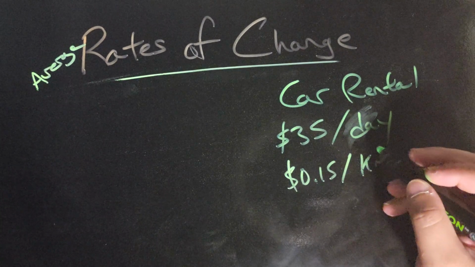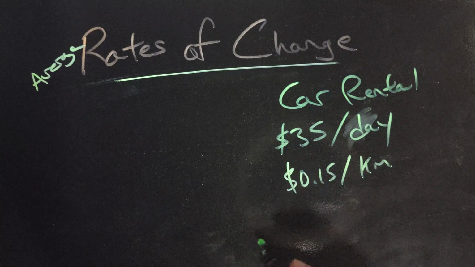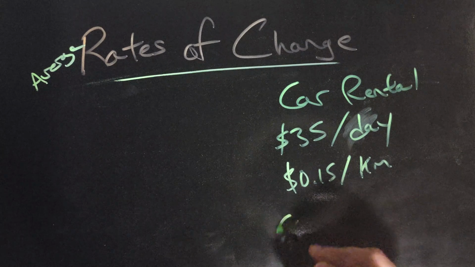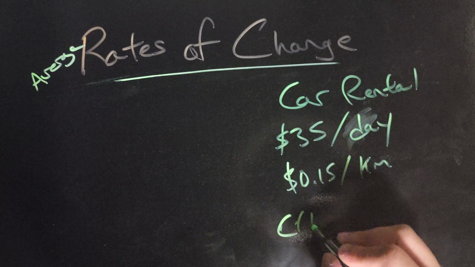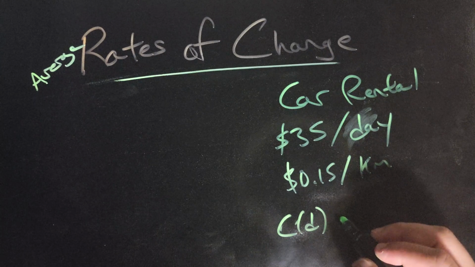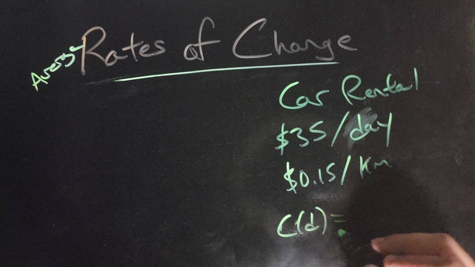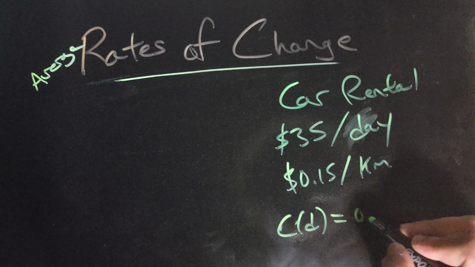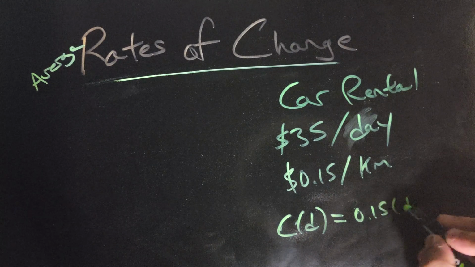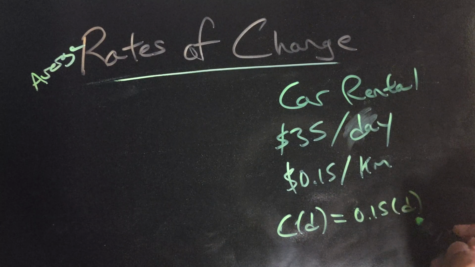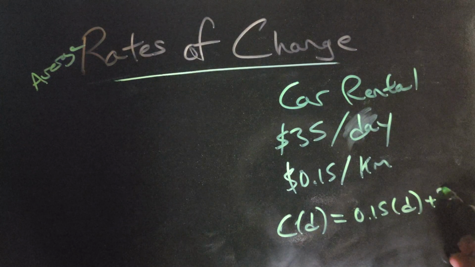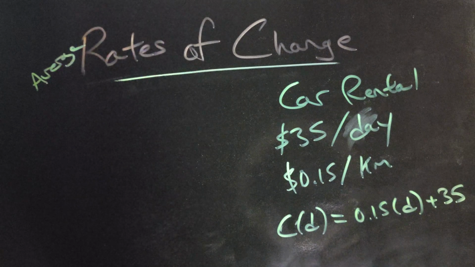So we can say that we're smart enough to write a function for this, so the cost of each day is going to be 0.15 times d, being distance in kilometers, plus 35 on any given day.